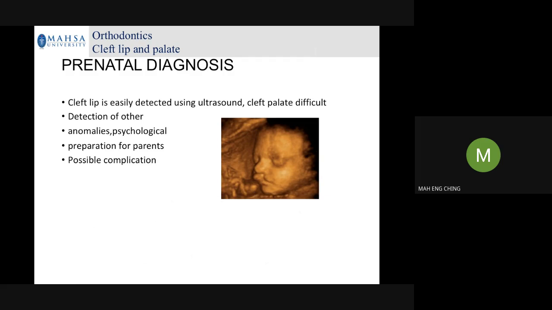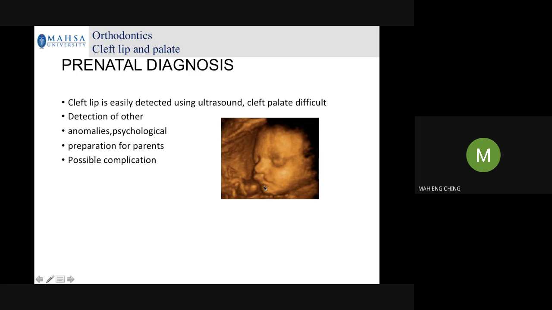Of course, we can diagnose the case even before the patient is born. We can do some ultrasound. Cleft lip is easily detected using the ultrasound. But cleft palate is difficult. Why? Because you cannot see through. Ultrasound can see the external of the baby, but not the internal. You see, the baby mostly is closing the lips when taking the ultrasound.